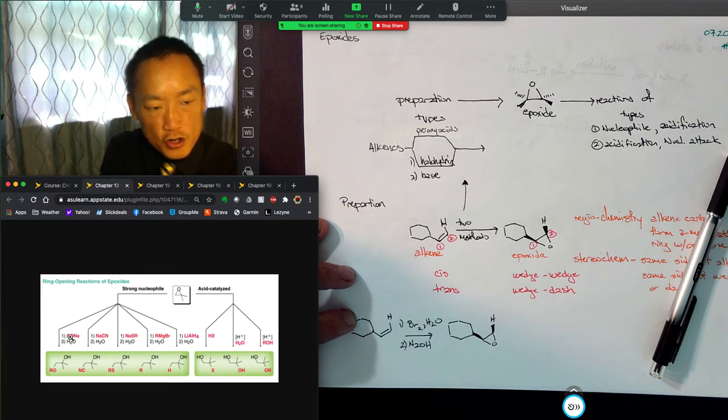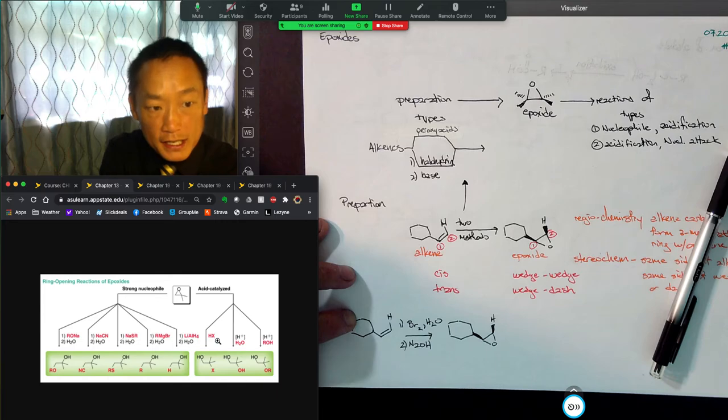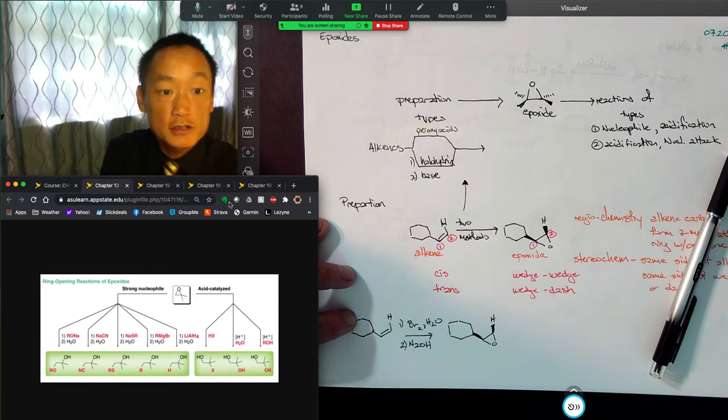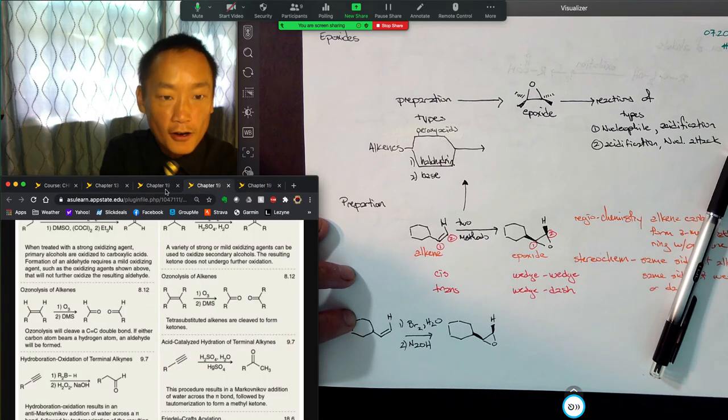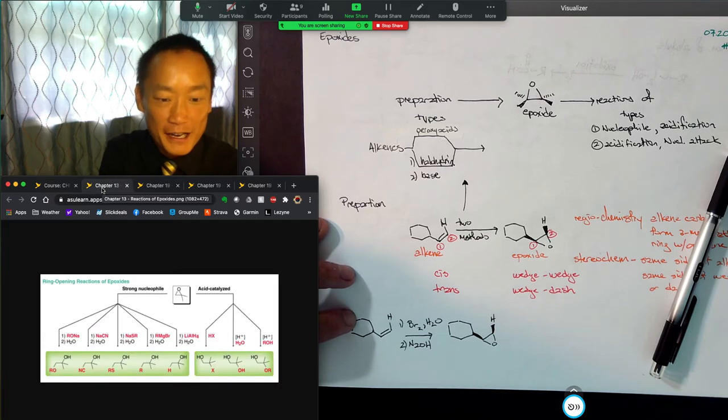This is a strong nucleophile followed by some type of proton source. And here's all the reactions that occur to epoxides. And it's in the presence of acid. No 1s and 2s. Oh, man, I was supposed to hit this one instead. Oh, totally blew it. Okay, let's go back in the Wayback Machine.